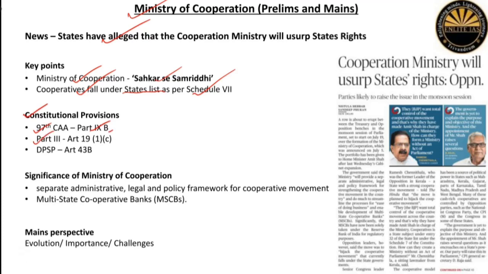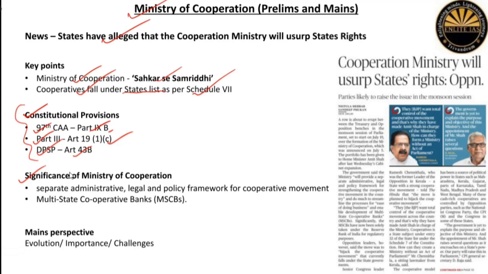It included the right to form cooperatives as a fundamental right under Article 19(1)(c), and it was also made the duty of the state to encourage and promote the cooperative movement in the country by Article 43B. So these are the constitutional provisions in the context of cooperatives.